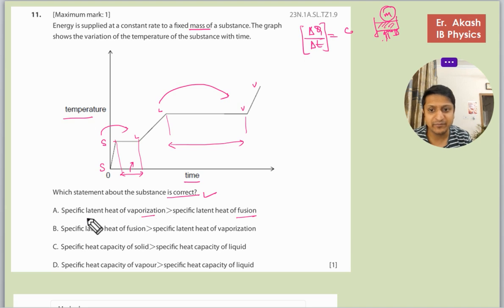So the specific latent heat of vaporization is greater than the latent heat of fusion. So our A option is the right option.